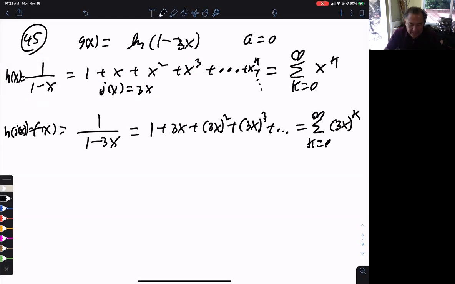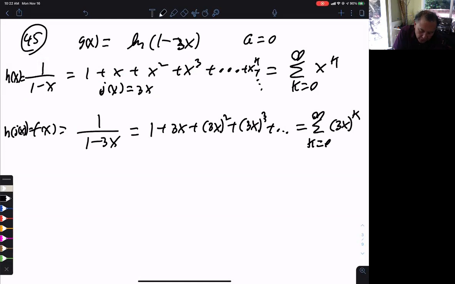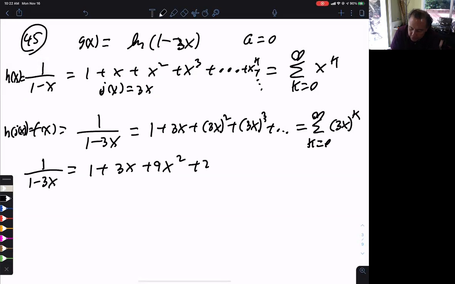All right, let's simplify this. So now we have this function, 1 over 1 minus 3x equals 1 plus 3x plus 9x squared plus 27x cubed plus dot, dot, dot, which is the sum of 3 to the k, x to the k.